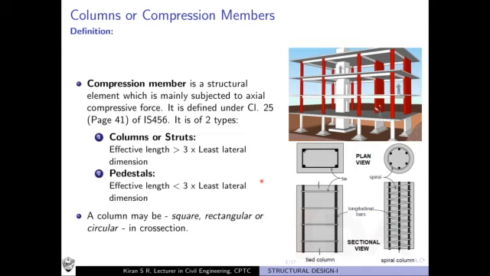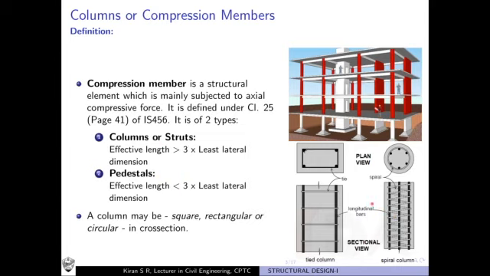Now in this study we will focus only on columns in this chapter. So we will just study the recommendations of design from IS 456 only for columns and not for pedestals. Okay, we will restrict our study only to columns.